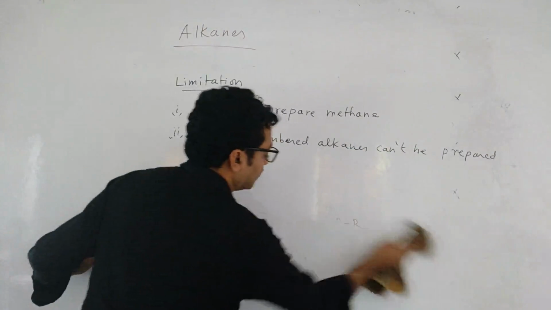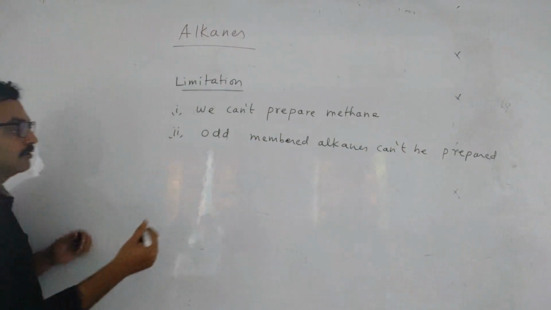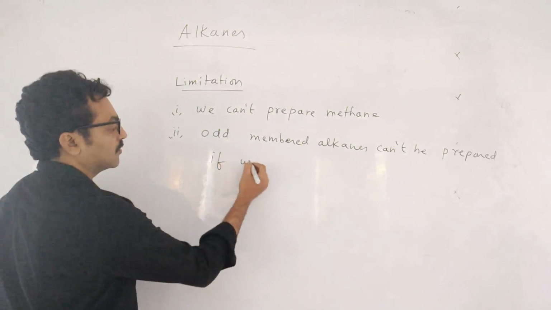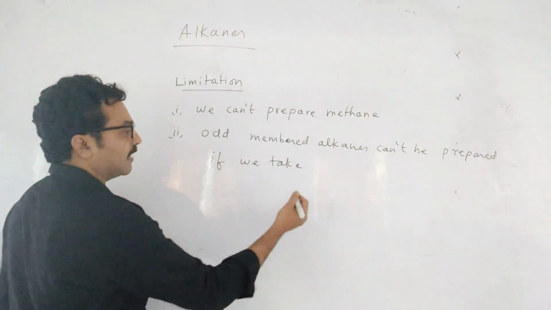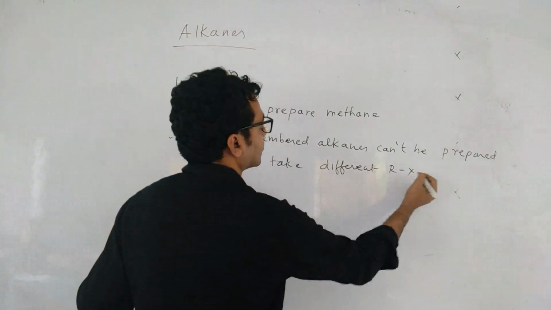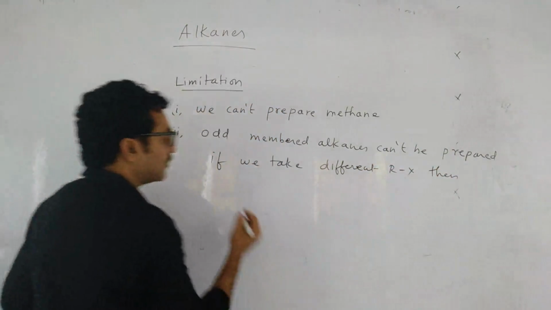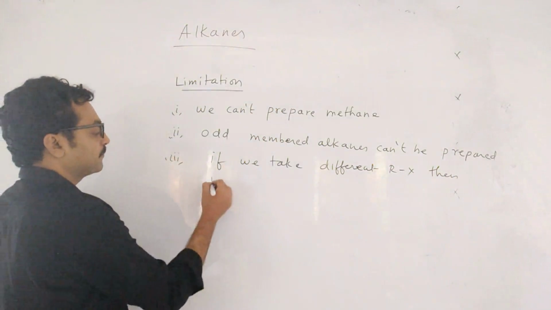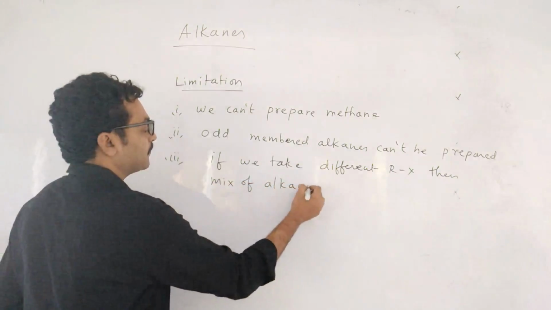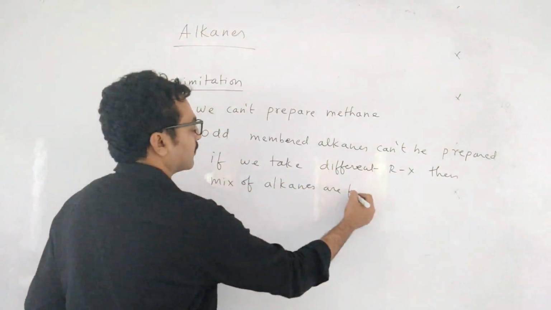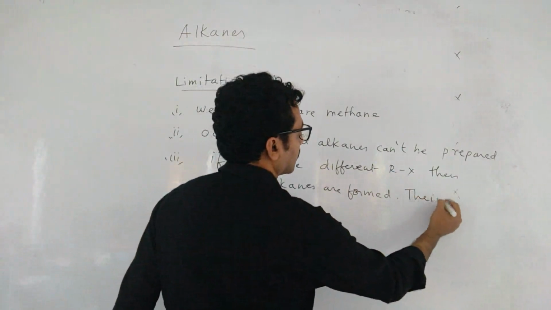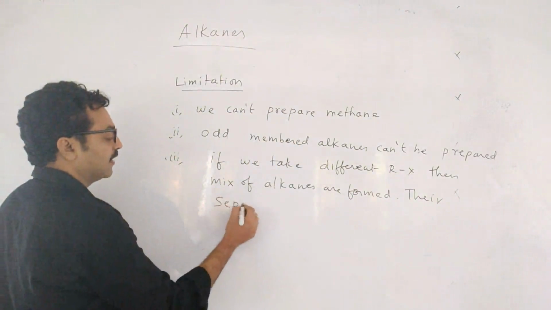See, 1 mole means you will have Avogadro number of molecules. So if we take different alkyl halides, then a mixture of alkanes is formed, and their separation is difficult.